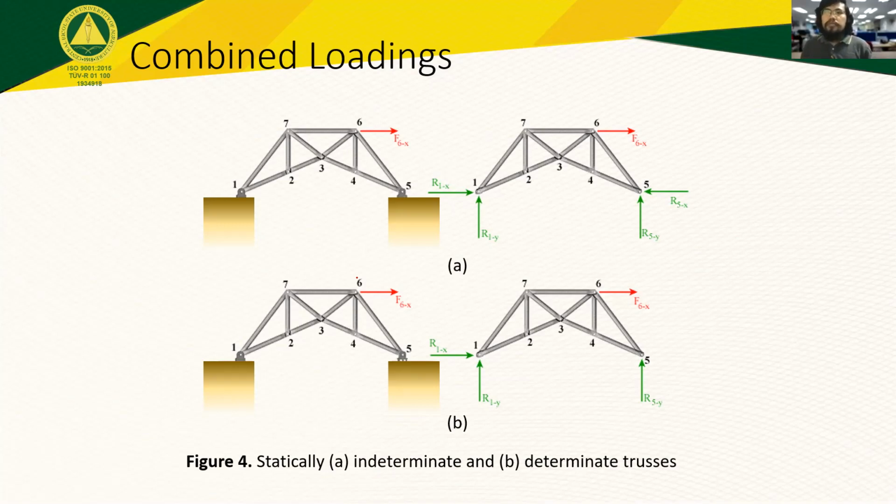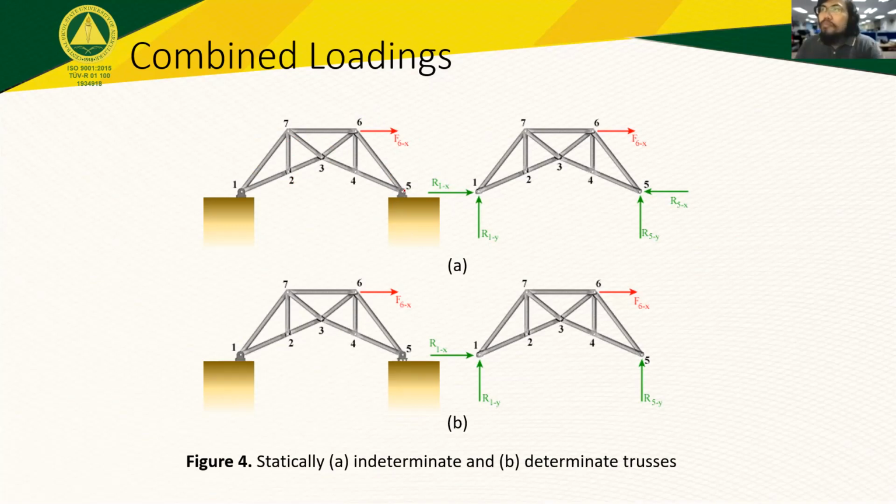To solve for this kind of problem, we have 14 joints, so that would mean having 14 equations. So since we have 15 unknowns, we have 14 equations. That would mean a statically indeterminate structure.